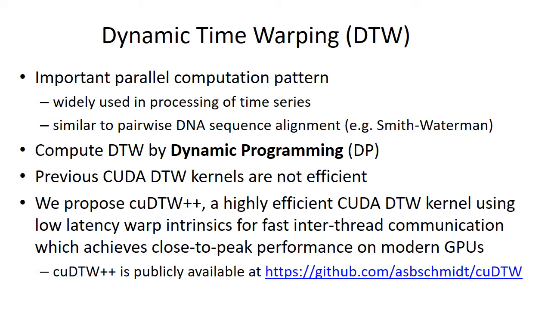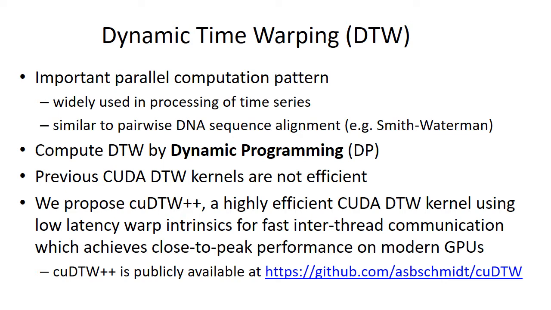This is a very similar algorithm to the optimal pairwise alignment of DNA sequences, for example the Smith-Waterman algorithm, with the difference that we deal here with real valued data and use Euclidean distance to compare two values. This is based on dynamic programming and has a dependency relationship when computing a DP, or dynamic programming, matrix, where each value depends on the left neighbor, upper left neighbor.